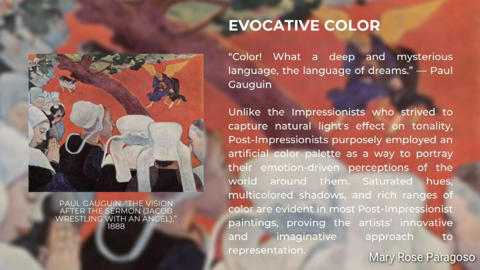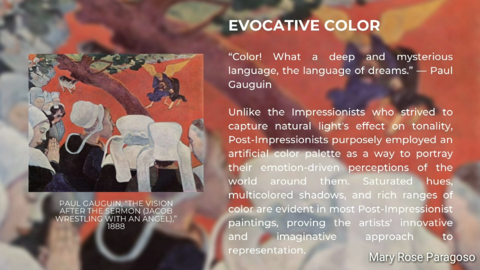Unlike the Impressionists who tried to capture natural light's effect on tonality, Post-Impressionists purposely employed an artificial color palette as a way to portray their emotion-driven perceptions of the world around them. Saturated hues, multicolored shadows, and rich ranges of color are evident in most post-impressionist paintings, proving the artist's innovative and imaginative approach to representation.